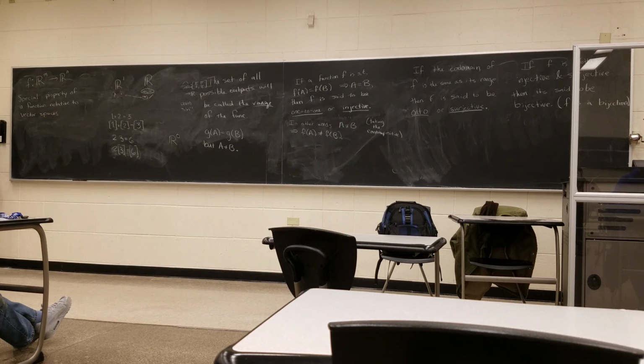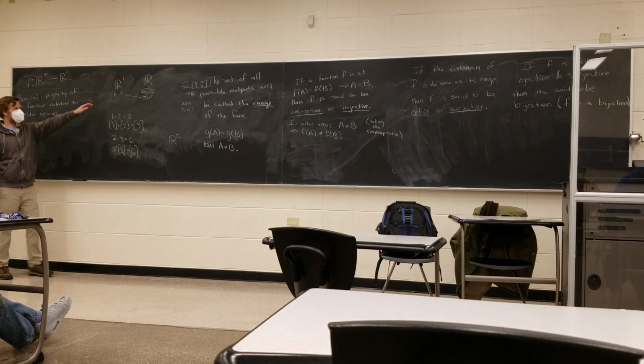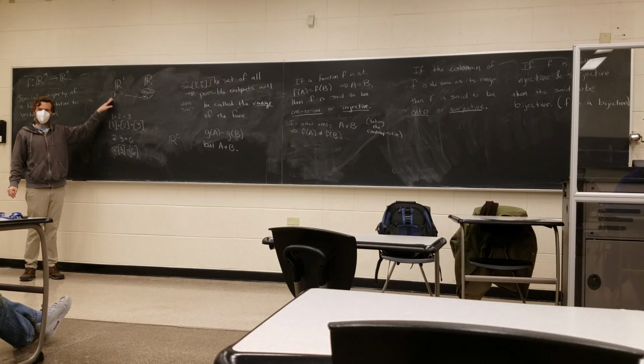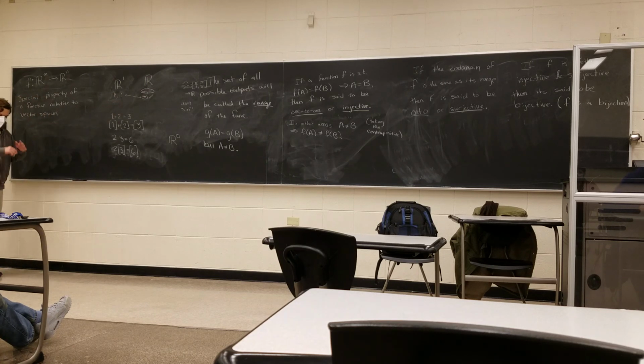If it's special to vector spaces, then it should preserve all of these relationships that depend on the operations that we can do with vectors. We can do addition, we can do scalar multiplication. So these functions should preserve them.